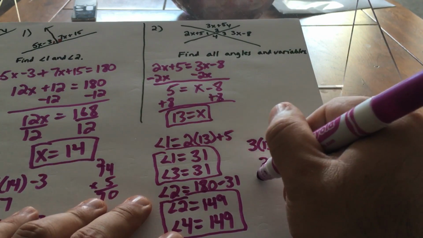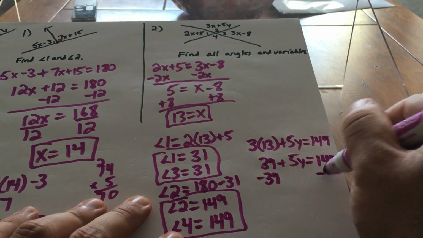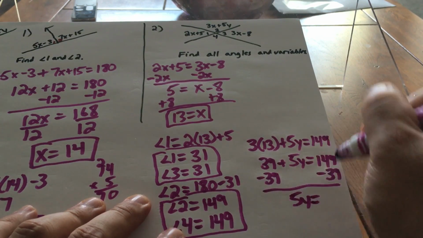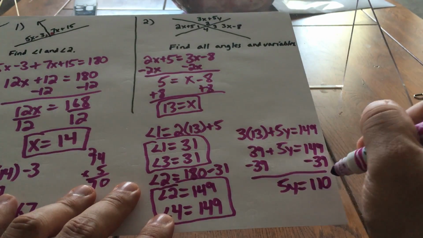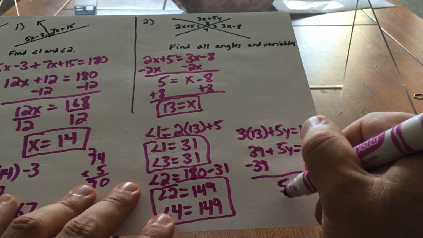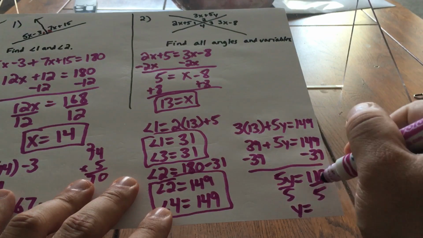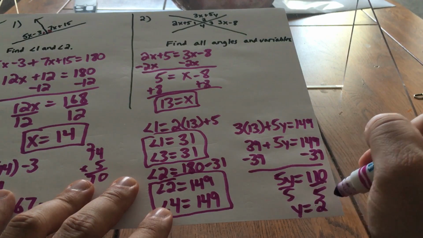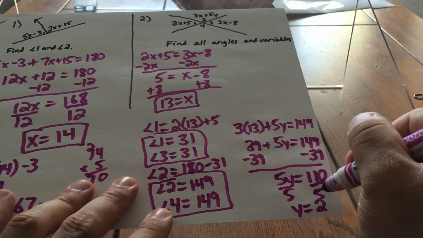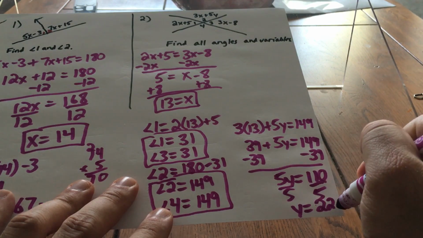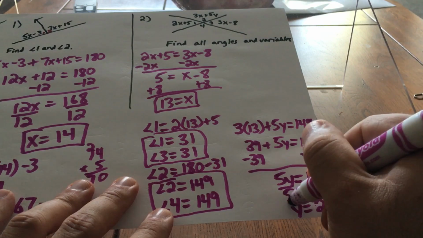And now to get y by itself, we'll just subtract 39 from both sides. So we get 5y is equal to 110. So if we divide both sides by 5, we get y is equal to, 2 5s are 10, 22, right? So y is equal to 22.